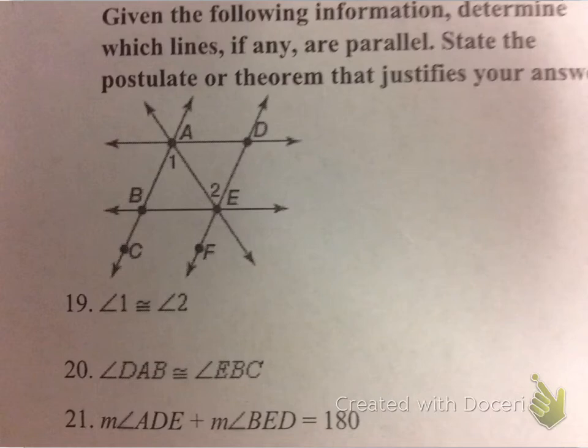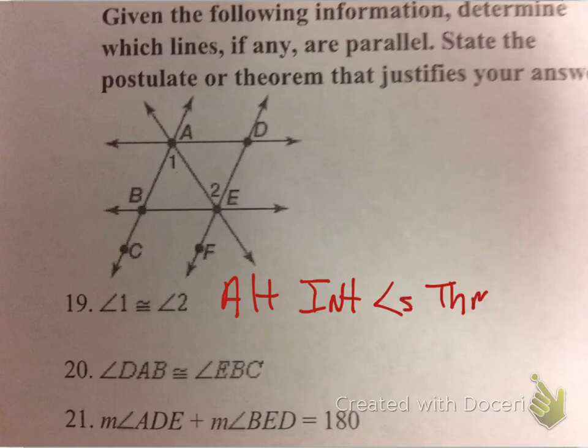So angle 1 and angle 2, you see here, would be considered alternate interior angles. So I would use the alternate interior angles theorem. And again, in the multiple choice, that would be pretty obvious right there. DAB, this angle right here, EBC, oops, let's try that again. EBC, that's this angle right here.